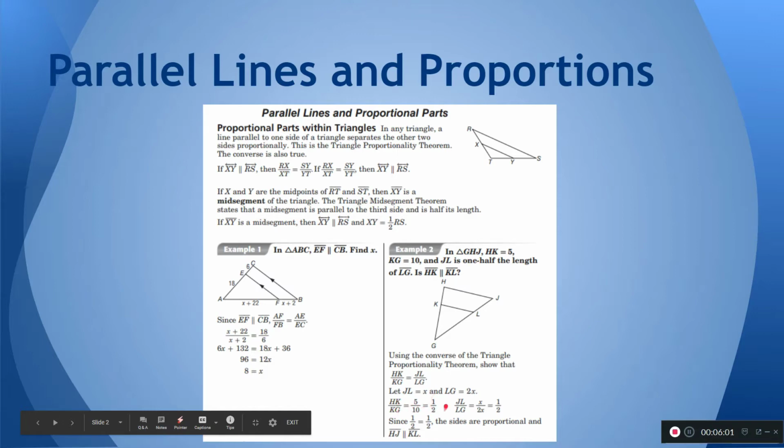We get the ratio, the scale here, of 1/2 when we simplify that. Then JL equaling X and LG equaling 2X can also be simplified as 1/2, because it's 1X over 2X, which is just the same as 1/2. Since 1/2 equals 1/2, the sides are proportional, and our two lines in question are parallel to each other.